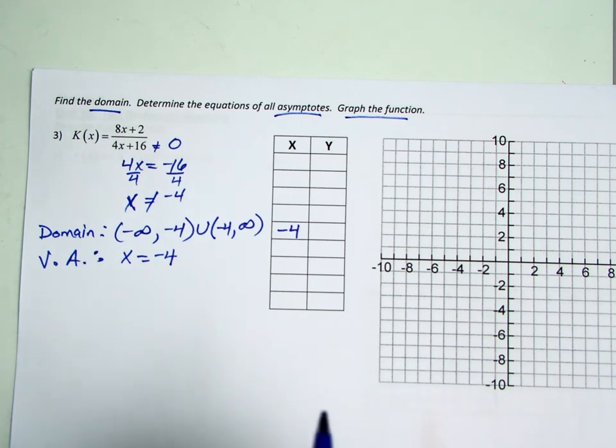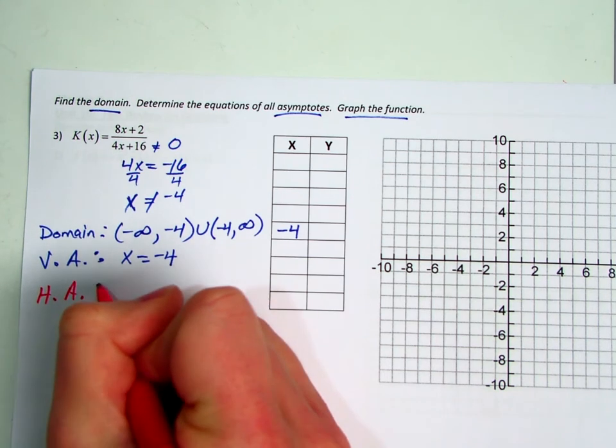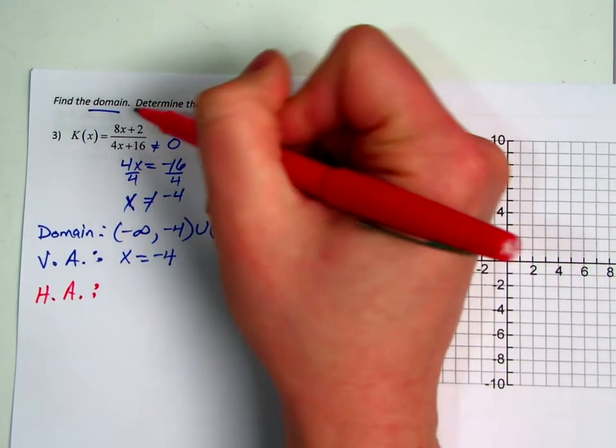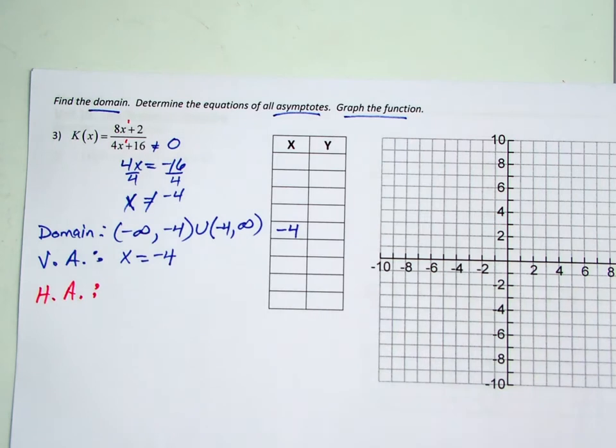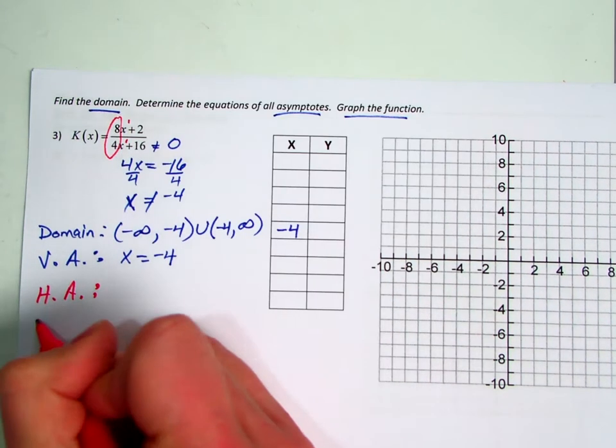Then we're going to go ahead and do our horizontal asymptote, right? And remember, our horizontal asymptote depends on what the problem looks like. So in this case, since my degrees are the same, they both have an exponent of 1, all we do is we look at our lead coefficients.